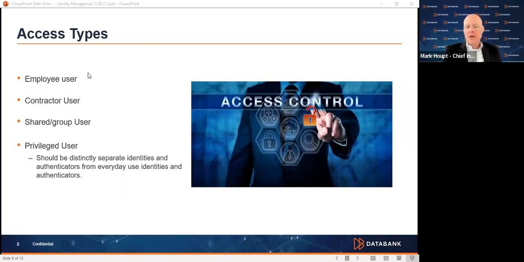One of the problems that we saw with the SolarWinds attack of a year ago was that a shared group user account also had privileged user access, which allowed the attackers to gain access to anything on an impacted network. So make sure that you use the privileged user correctly, that you have clear policies and procedures around that in that identity and access management function, and logging so you know what's going on.